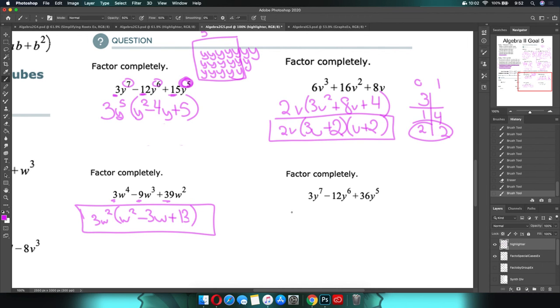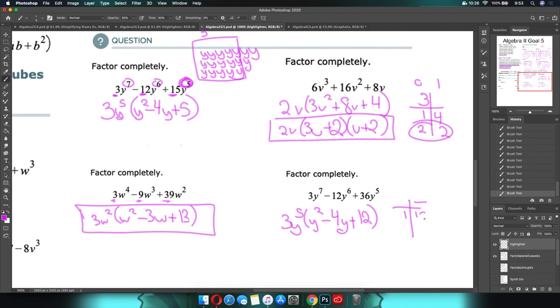Let's look over here. I can pull out a 3y. Lord in heaven, I can't write this morning. 3y to the 5th. All right, so that becomes y squared. 12 divided by 3 is 4. 36 divided by 3 is 12. All right, let's see if we can figure that out. One of these is going to be minus.